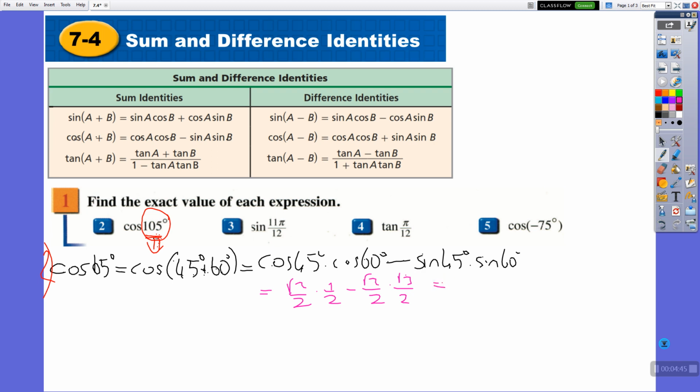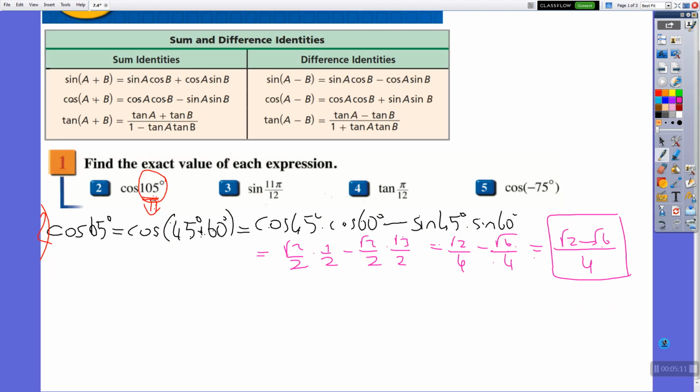So square root 2 times 1, square root 2 over 2 times 2, 4, minus square root 2 times square root 3, square root 6 over 4, and write it under the same denominator. So square root 2 minus square root 6 over 4. That's your result. If you know identities, you can solve questions easily. Let's continue with question 3.